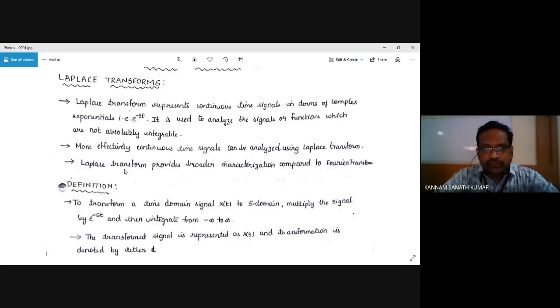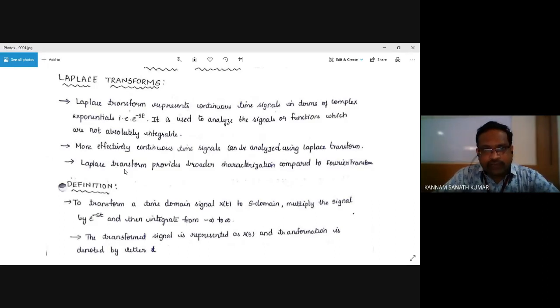Why are we using it? Suppose you take a differential equation in the continuous domain. Solving that differential equation in the time domain for higher orders, higher degrees, is very difficult. So we need a tool such that whatever the differential equation is, we convert it into some algebraic equation.